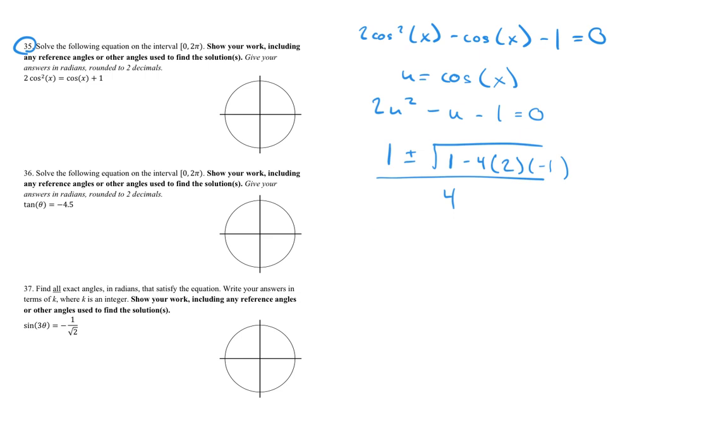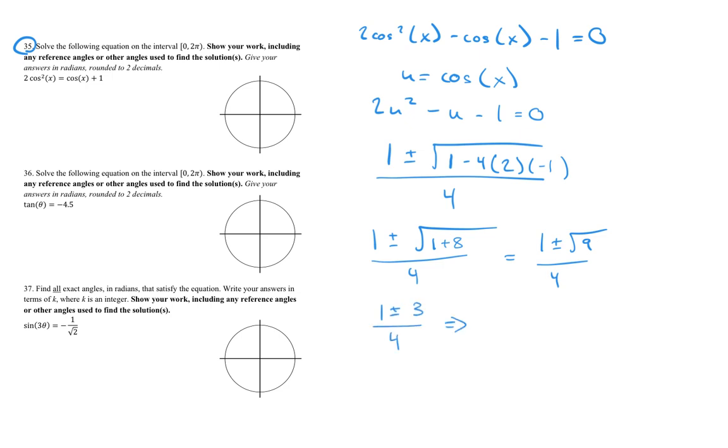So we have 1 plus or minus the square root of 1 plus 8 over 4 equals 1 plus or minus the square root of 9 over 4. So 1 plus or minus 3 over 4.